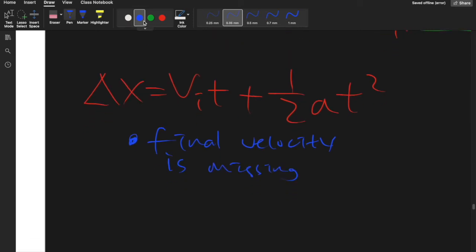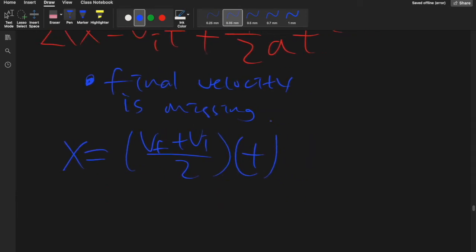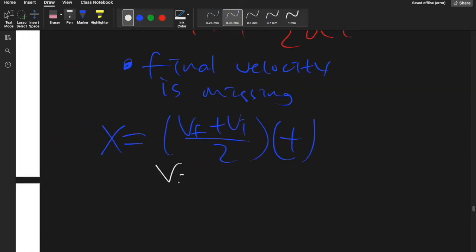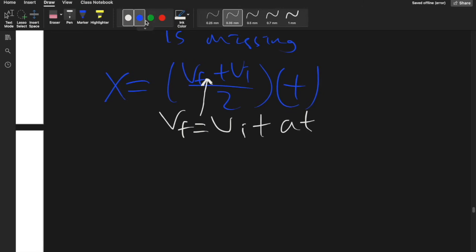We know that displacement can be calculated by the area here, by the previous formula we have studied. We also know final velocity can be represented as initial velocity plus acceleration times time, right? So we will just plug this equation into this equation. So the blue equation becomes this.